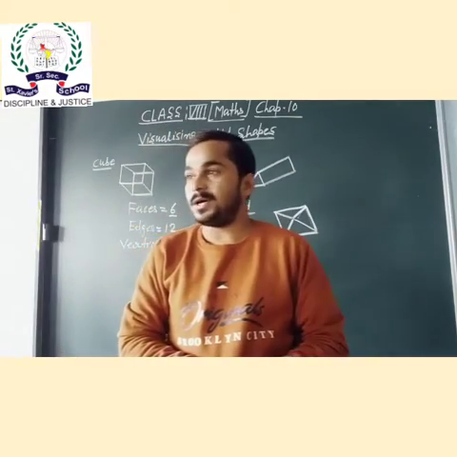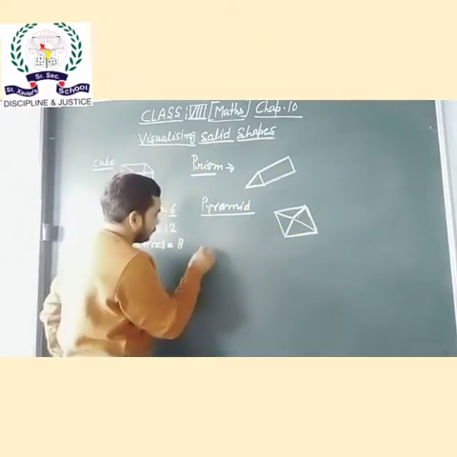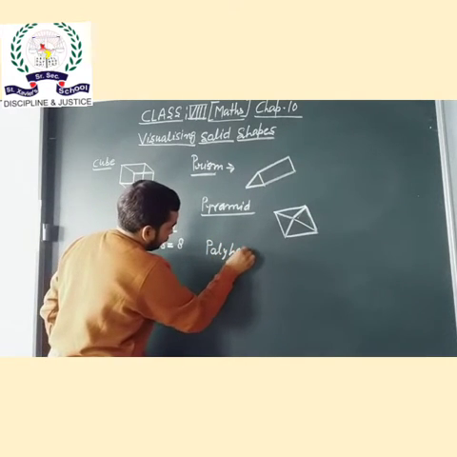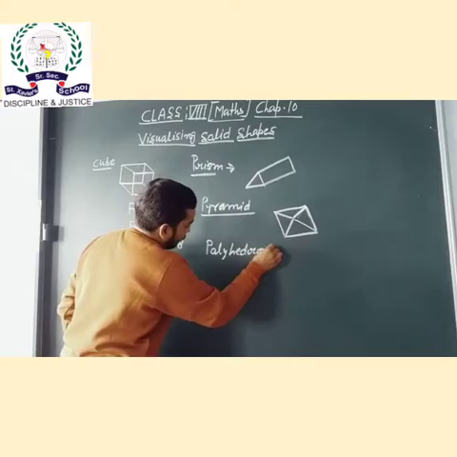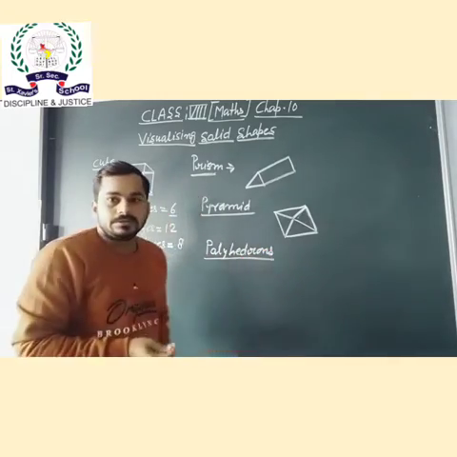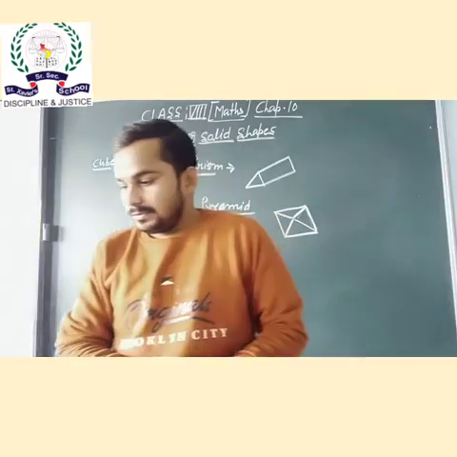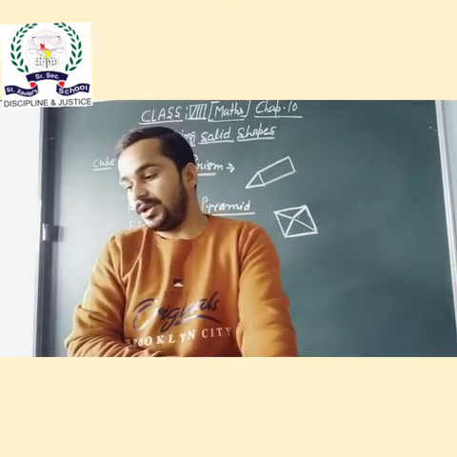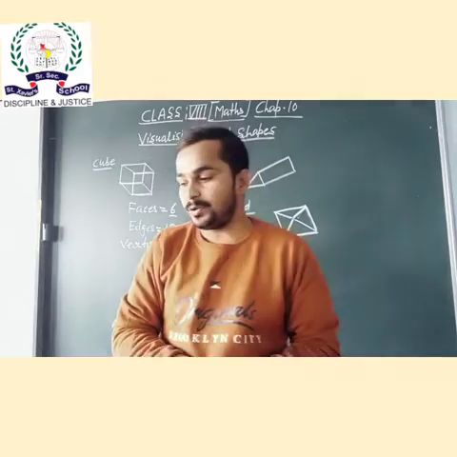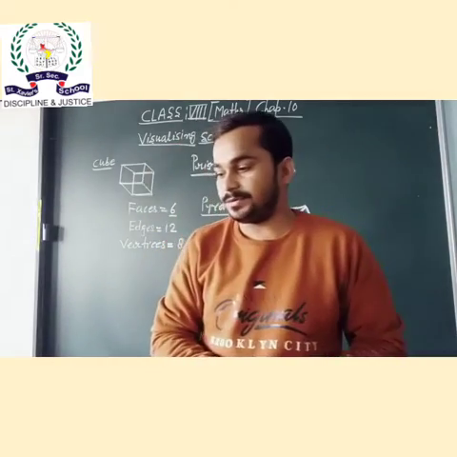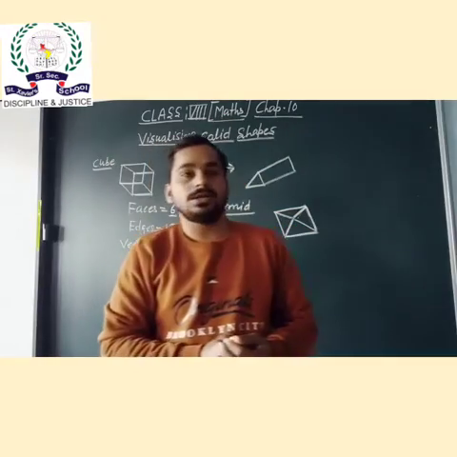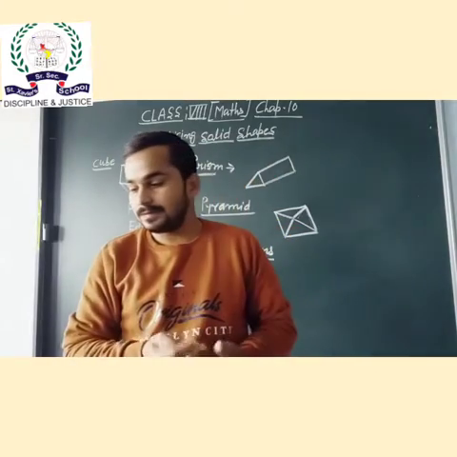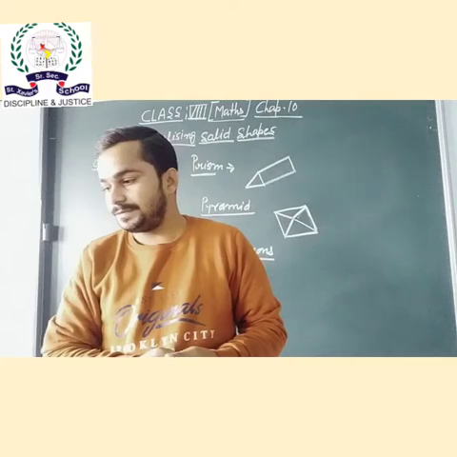Thereafter we are talking about polyhedrons. A solid shape bounded by polygons is called a polyhedron. So the cube, cuboid, prism, pyramid, tetrahedron, all are polyhedrons, because a solid shape bounded by polygons is called a polyhedron.